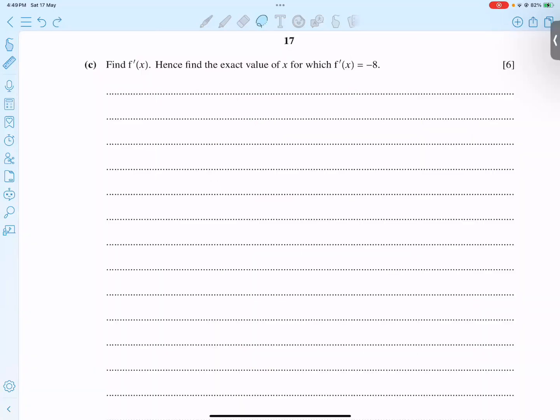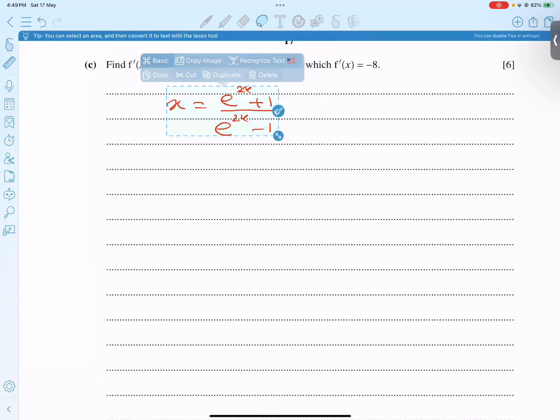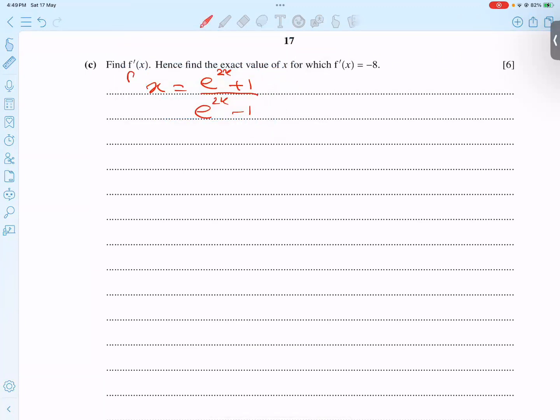So the C part we have, students, is asking: find f dash of x. Hence, find the exact value of x for which f dash is -8. So I am pasting this question. First of all, f dash of x. Quotient formula, u over v: the denominator squared copy, and u dash, u copy v dash.